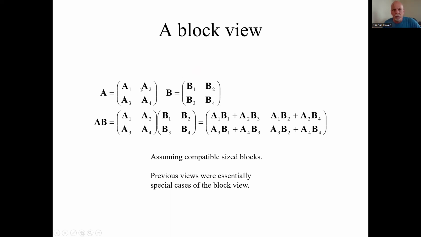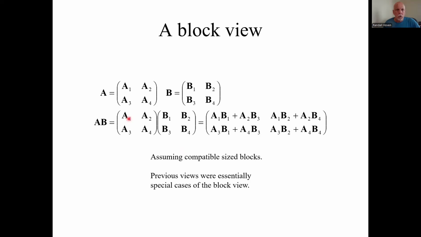And this final view: you could divide up your A and B into blocks. So each of these A's with a subscript is actually sort of a mini matrix. Same with the B's. Then you could multiply the whole thing the same way you do a matrix.